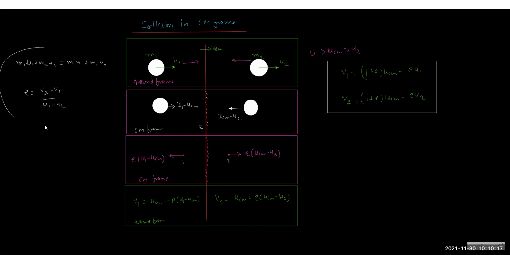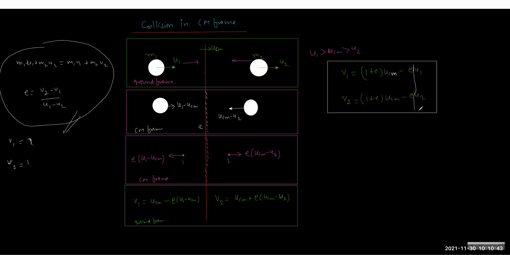And if you solve these two equations, you will end up getting v1 and v2. So you get something for v1 and something for v2. So now you have got the answer in a very simplified form, and this is easy to remember, that this entire calculation of momentum conservation and the definition of coefficient of restitution will lead to the answer, which is very easy to remember.